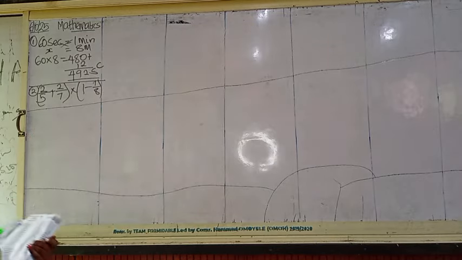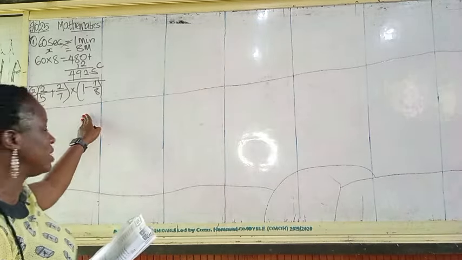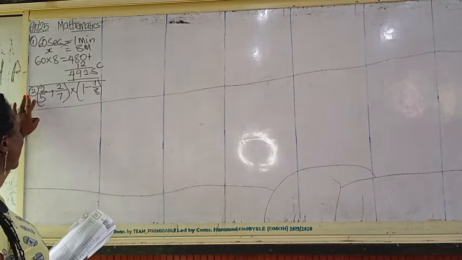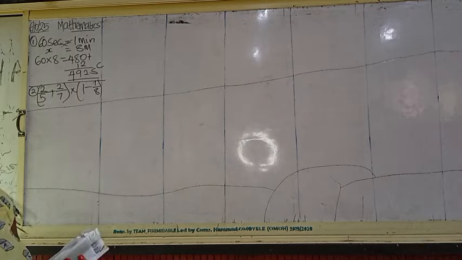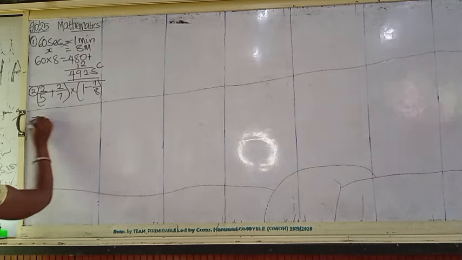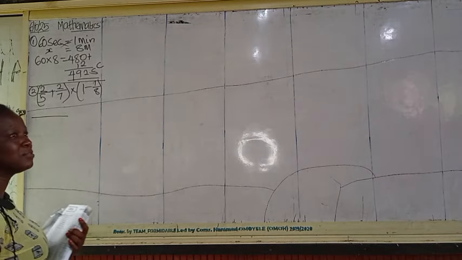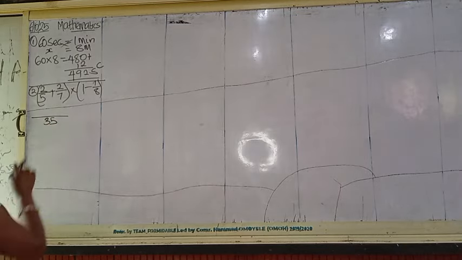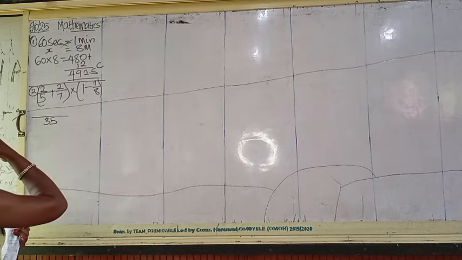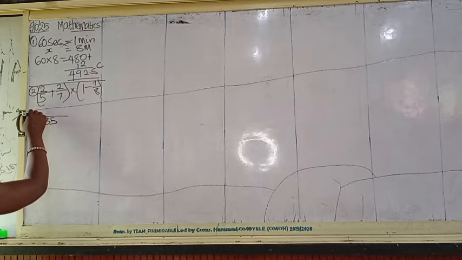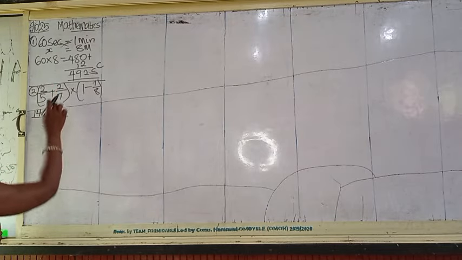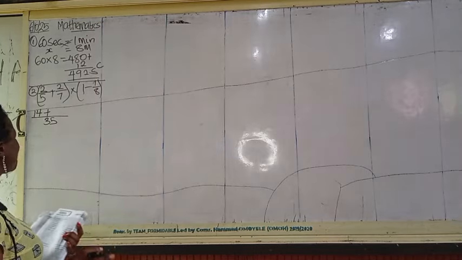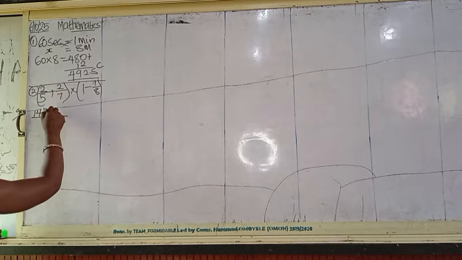So we are doing this separately, and the first thing to do here is to find the LCM and get the bracket opened. So let's look for the LCM. LCM of 5 and 7, that is 35. 5 in 35, that is 7. 7 times 2, 14. 7 in 35, that is 5. 5 times 2, that is 10.